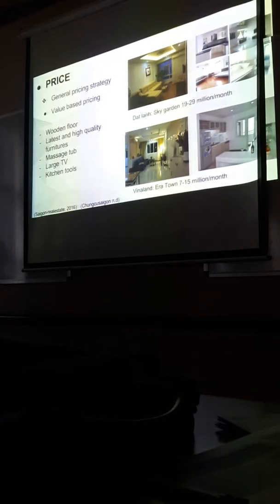The disadvantage of our service is that we offer customers apartments for rent at a higher price than the other competitors. For example, we offer Sky Garden for rent at a price from 19 million to 20 million a month, whereas the other competitor, Netherlands, offers the area town from just 7 to 15 million a month.